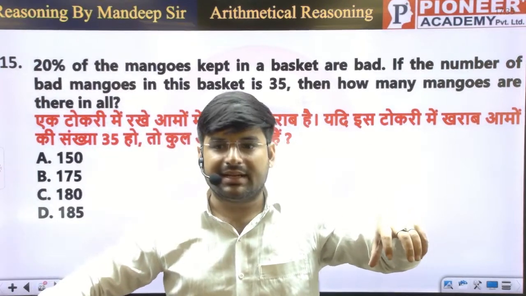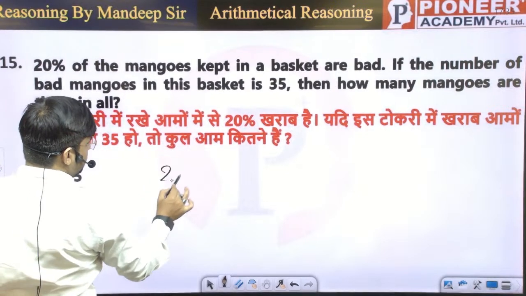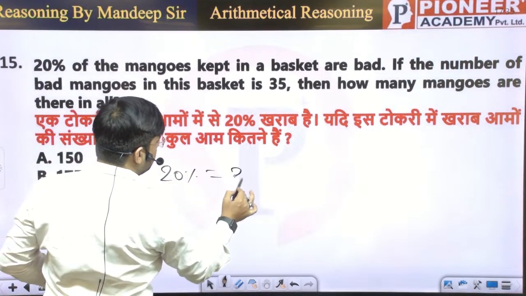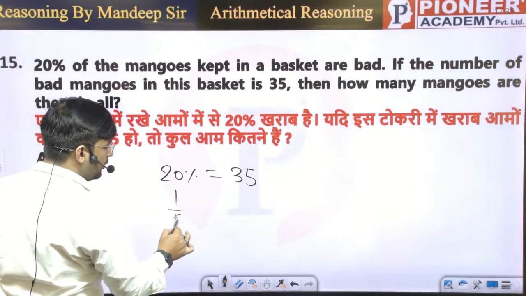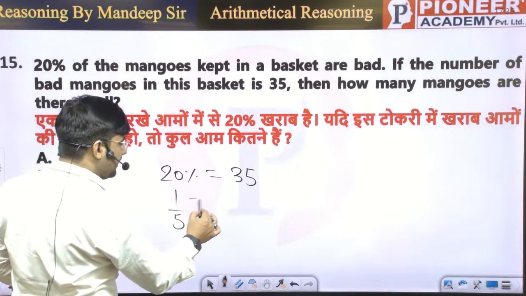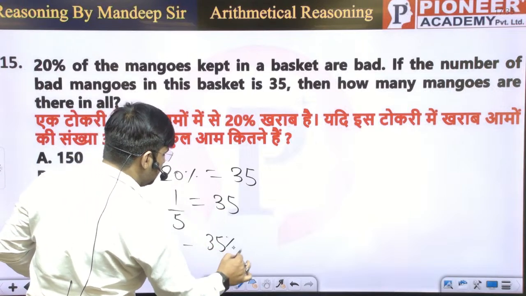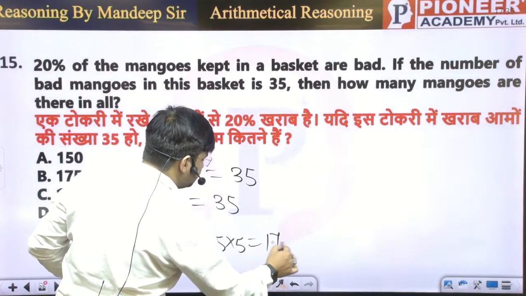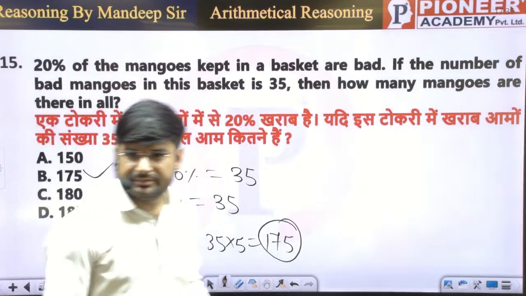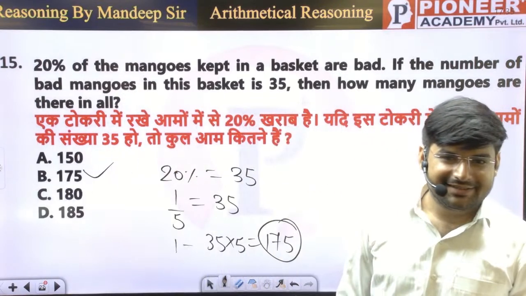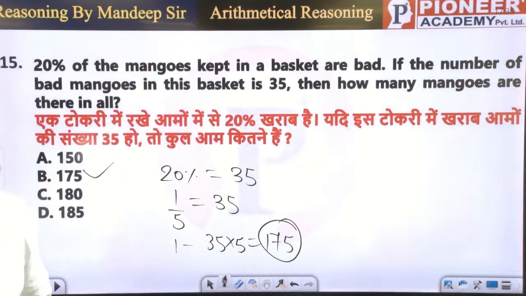So 20% equals 35. 20% means 1 upon 5. 1 upon 5 equals 35. So 1 equals 35 into 5 equals 175. So 175 is the correct answer. Is it clear? Any doubt?